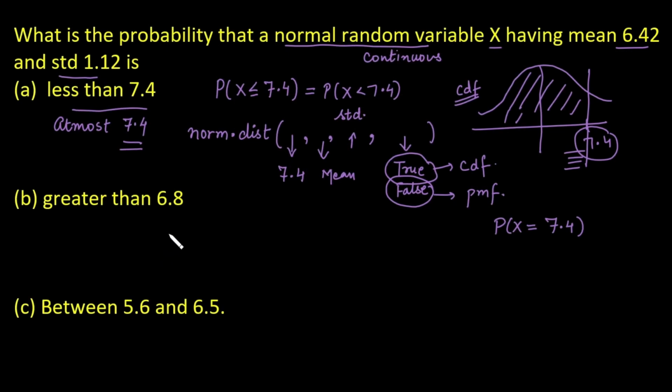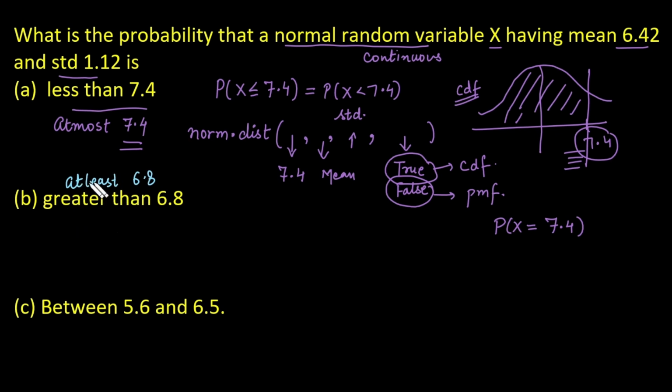So the next case is to find the probability that the normal random variable x is greater than 6.8 with the same mean. When we say greater than 6.8, instead of at most, the question may be at least 6.8. So if the question is related to at least or greater than, the meaning is the same.